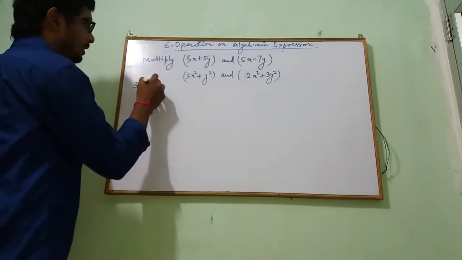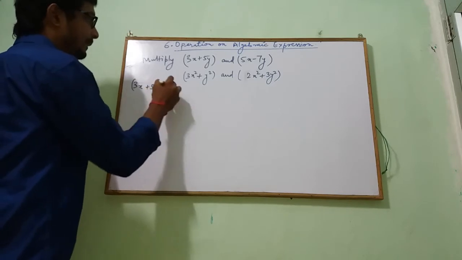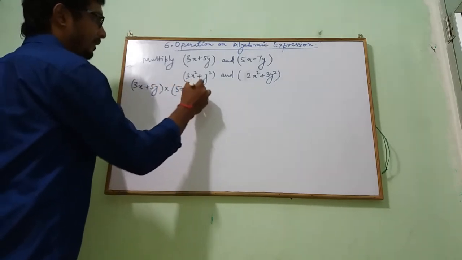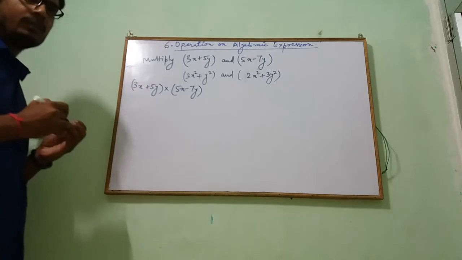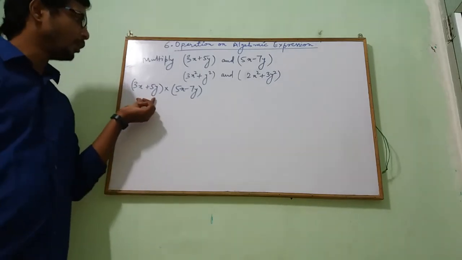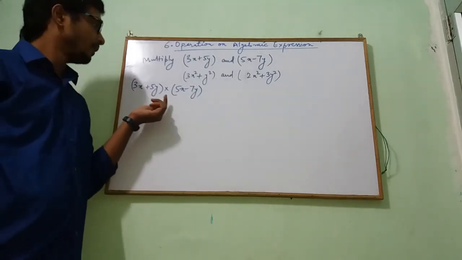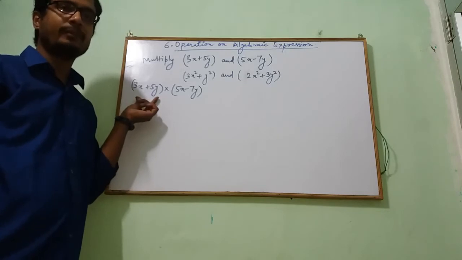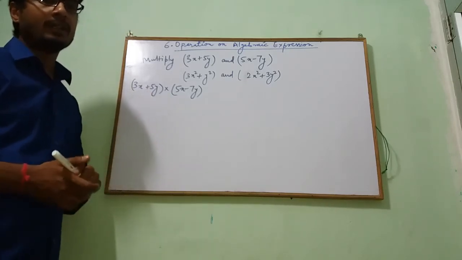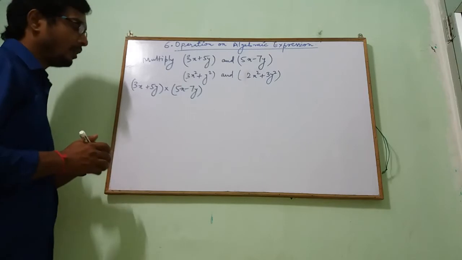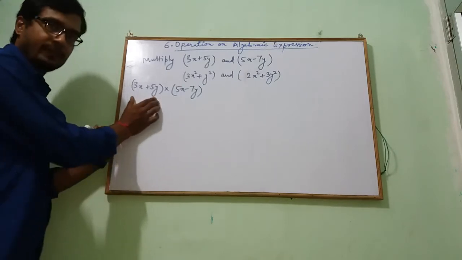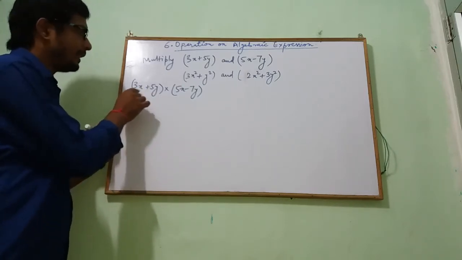First is 3x plus 5y multiplied with 5x minus 7y. You can see here that both the terms are binomials. So there will be a multiplication of a binomial with a binomial. In order to multiply a binomial with a binomial, what will we do? We will split the first one, that is 3x plus 5y.